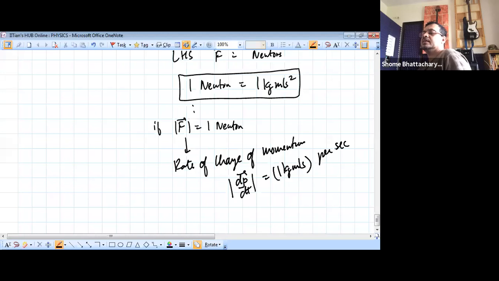So every 1 second, the momentum will change by a magnitude of 1 kg meter per second. So that is the meaning of the unit, that 1 Newton equals 1 kilogram meter per second square. That means the momentum changes by 1 kg meter per second every 1 second if the force is equal to 1 Newton.